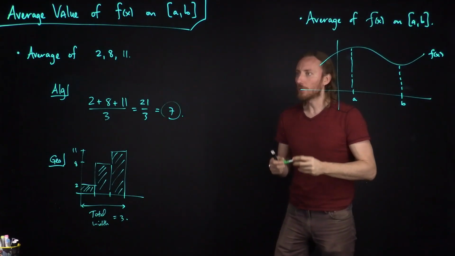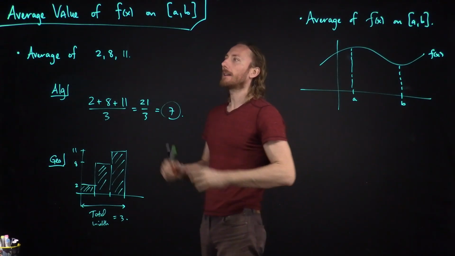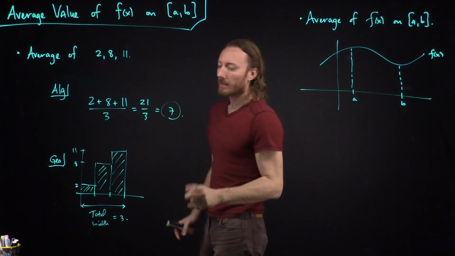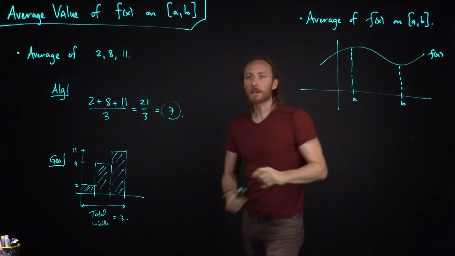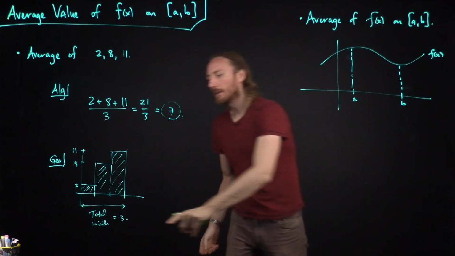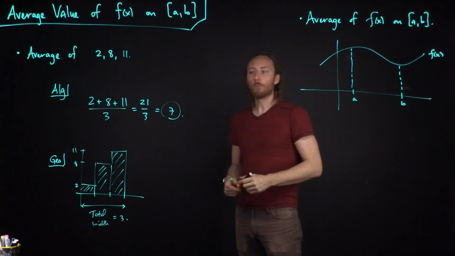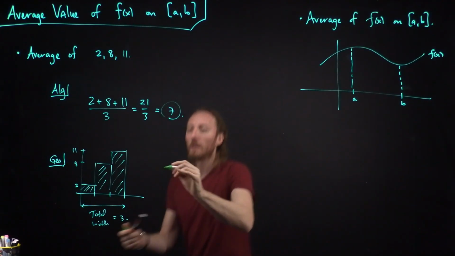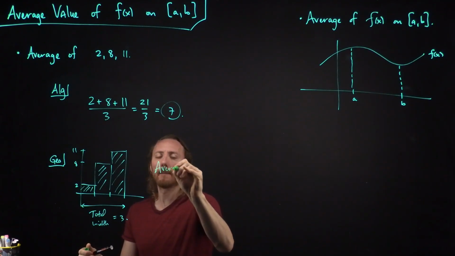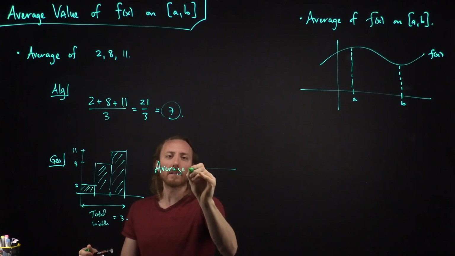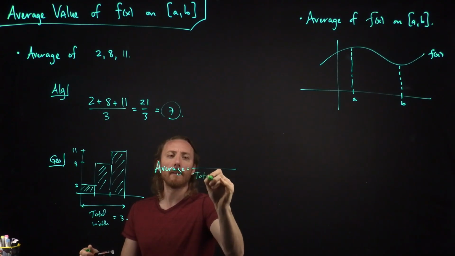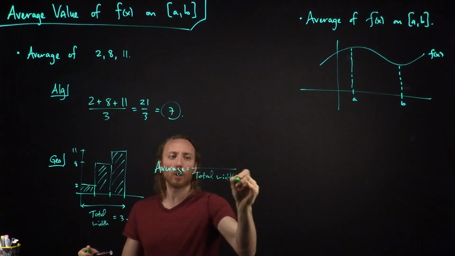Now, what we want to do is somehow find the average, 7, from this geometric picture, and in fact, we can. Note this total width is exactly what we were dividing by previously. We were dividing by 3. So when it comes to the average, in this geometric interpretation, we want to divide by total width.